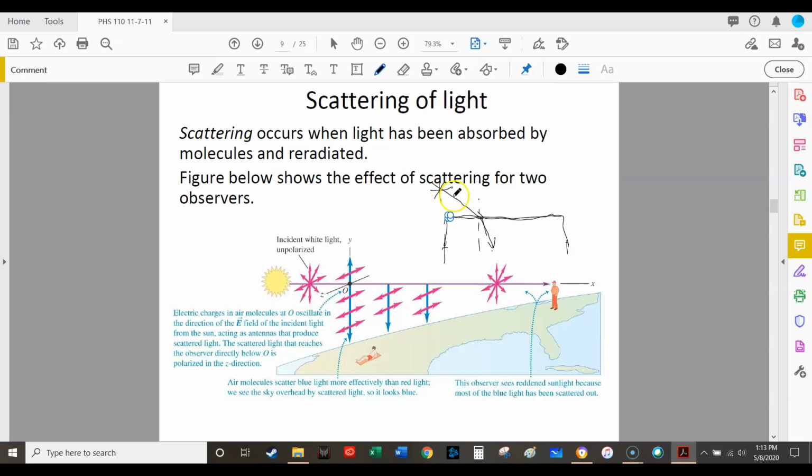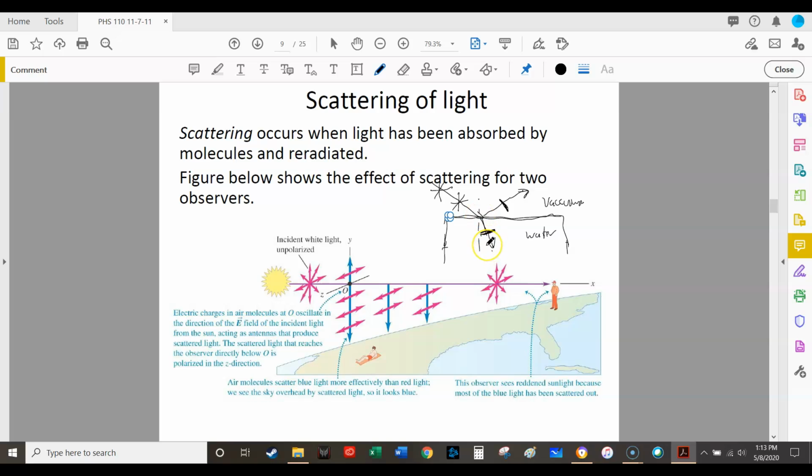What happens is this unpolarized light, and I'm drawing 3 axes, is actually going to get polarized when it enters here. And part of that light, when it reflects back out and hits the water, and this is going to be a vacuum, is going to also be polarized along a different direction.